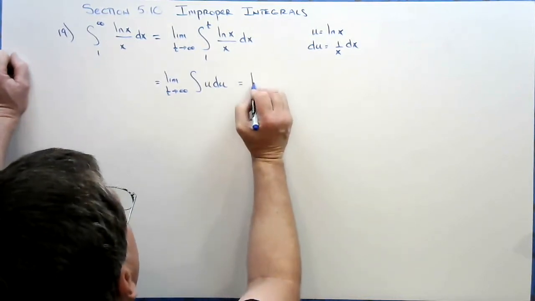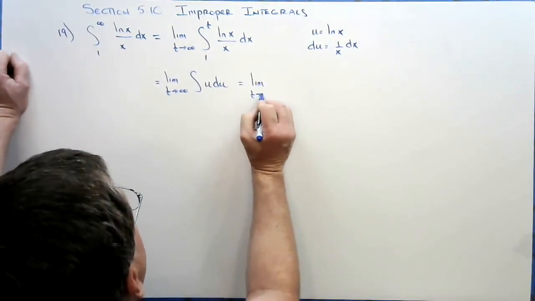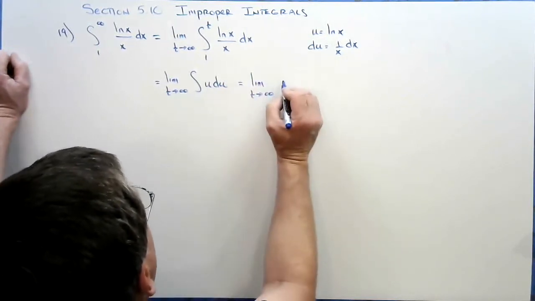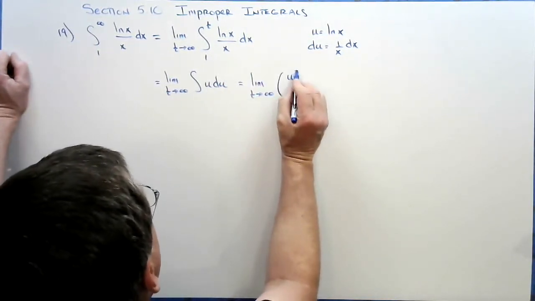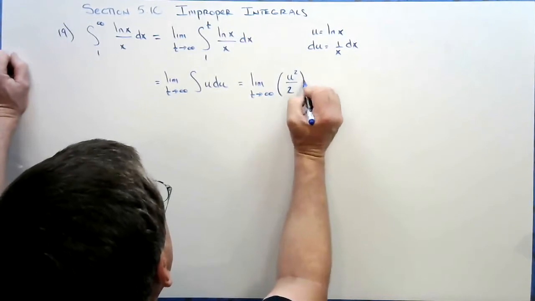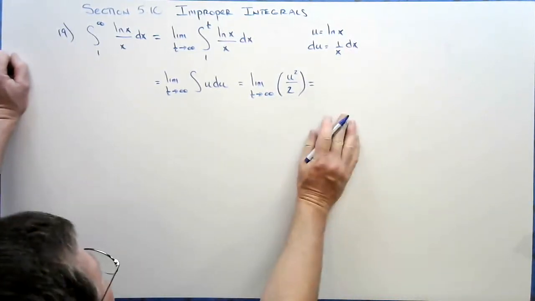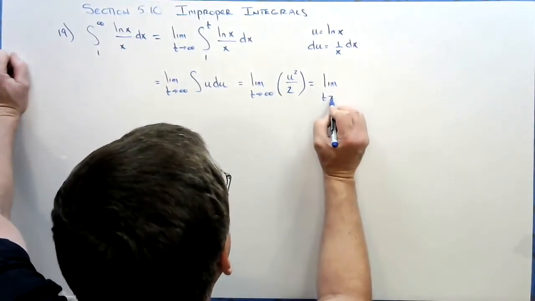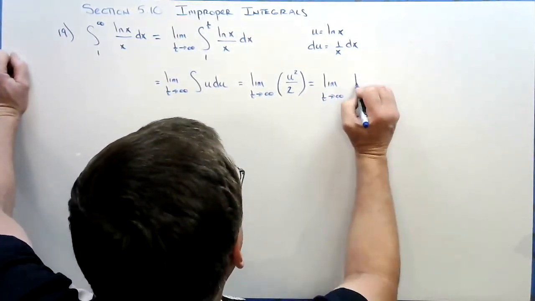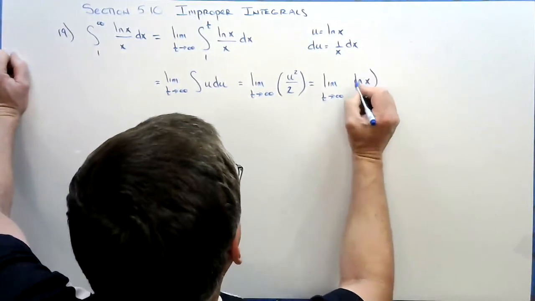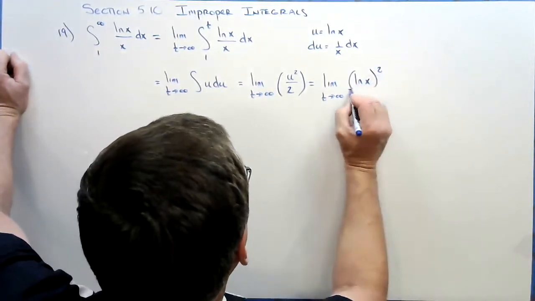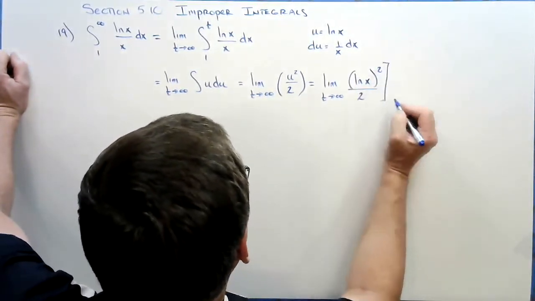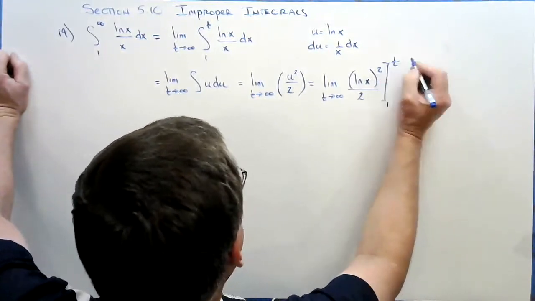This gives us the limit as t approaches infinity. The integral of that is, of course, going to be u squared over 2. Now, when we plug back in our value of u, we're going to have the natural log of x squared divided by 2, evaluated between 1 and t.